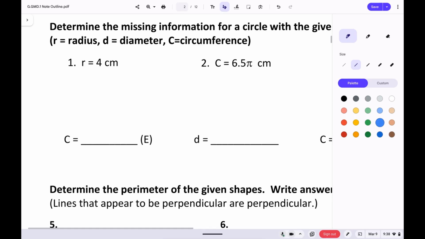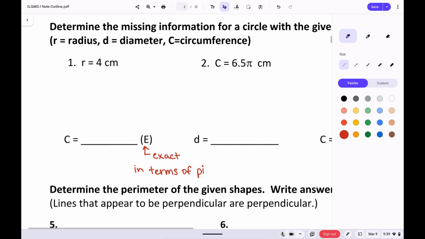Now, do you guys see after my space or my answer how it has that E in parentheses? What that E is telling you for this problem is that they want an exact answer. And what that means is that it's going to be in terms of pi. That means when we write our answer, we still want pi to be attached. We don't actually want to multiply by pi right now.